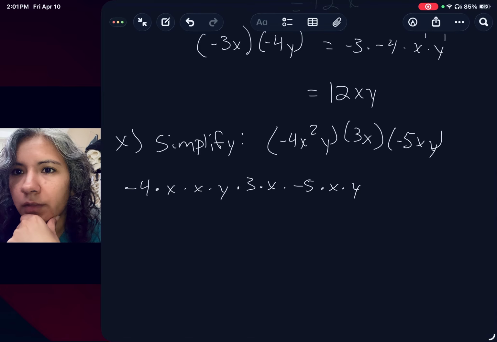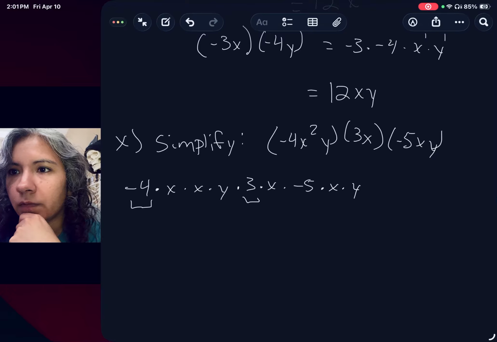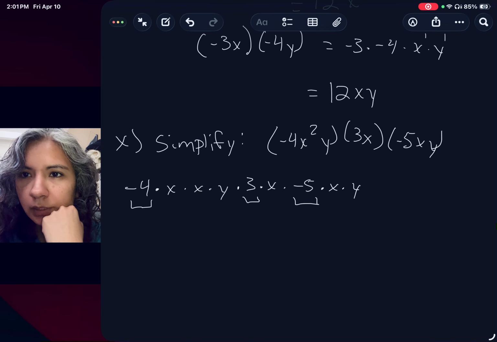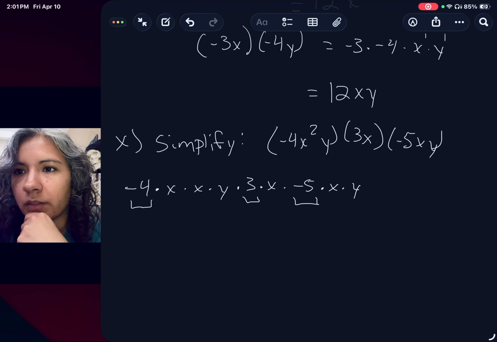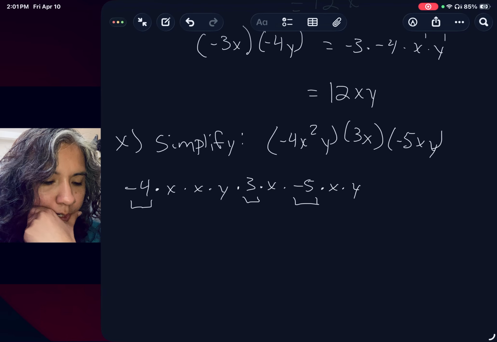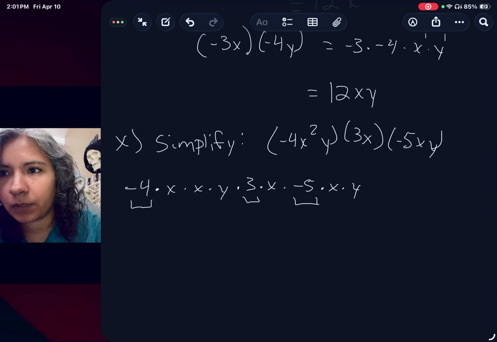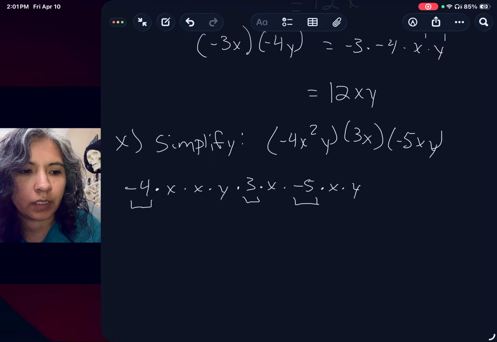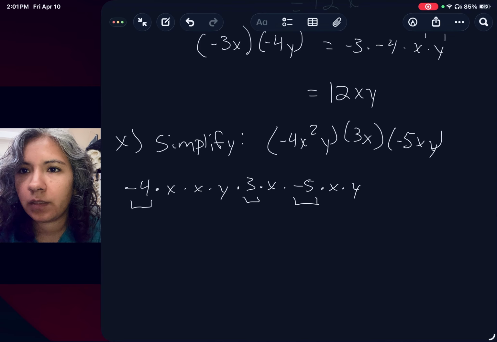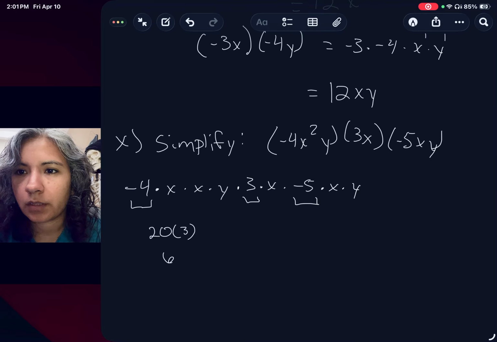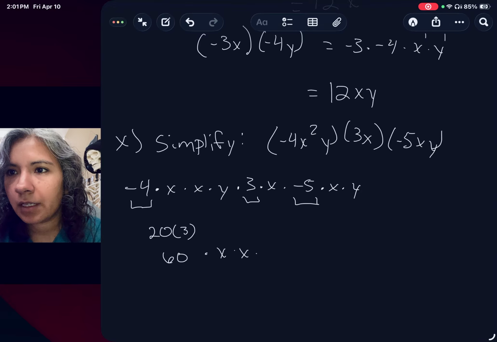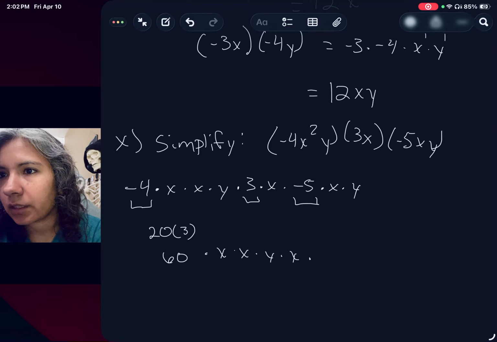Okay, so let's do the numbers 4, 3, and 5. We have 2 that are the same sign, so that would be positive. Negative 4 times negative 5 is 20, times 3 is 60, times x times x times y times x times y.